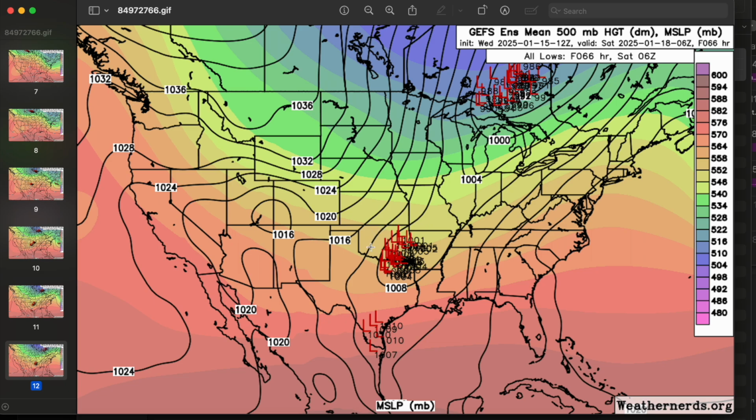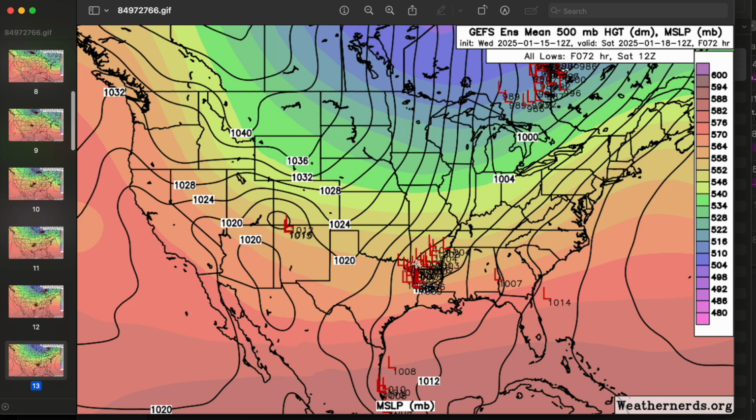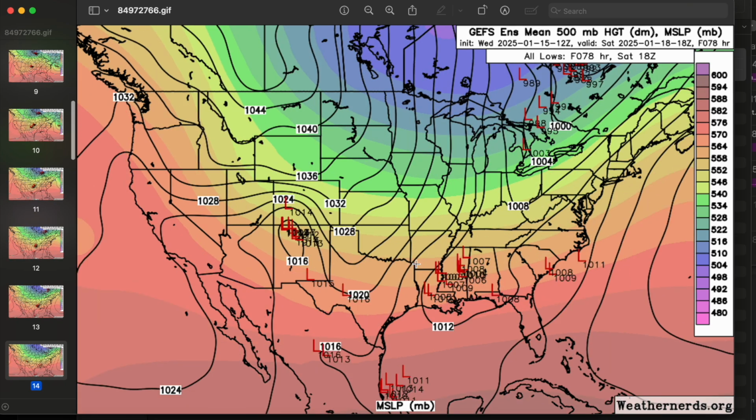In the southern parts of the United States, Oklahoma, Arkansas, Northeast Texas, somewhere in there is going to be a low pressure center, but the specifics will be ironed out later.